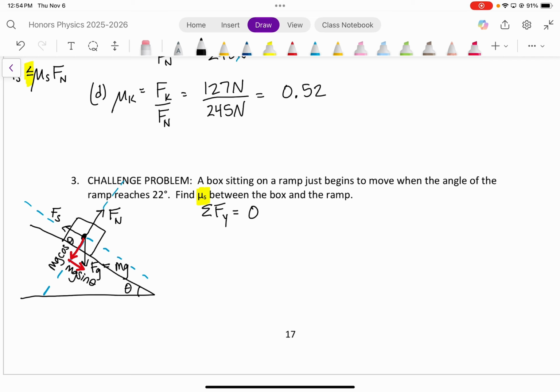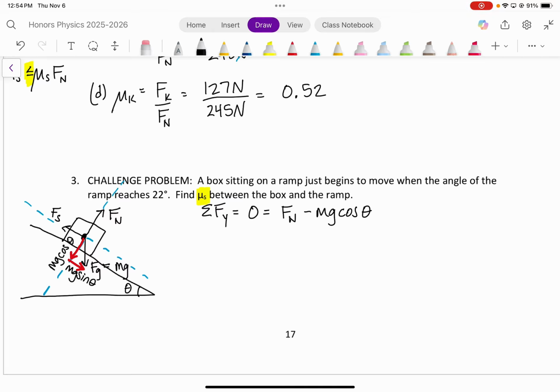Okay? What are those forces called? One of them is normal force, and it's positive. The other force that is along the y-axis is mg cosine theta, and it is negative, so it's pointing down. So normal force minus mg cosine theta.